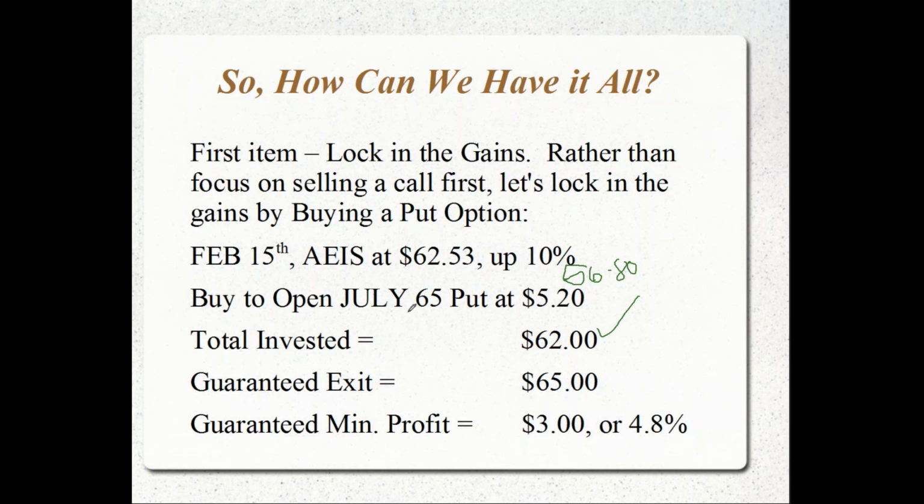What does this put give me? We're at February, I'm buying a July put, so I'm essentially adding 5 months of a guaranteed exit at 65. What does that mean? The put gives me the right to force someone to buy my shares of stock at 65 no matter what happens next.